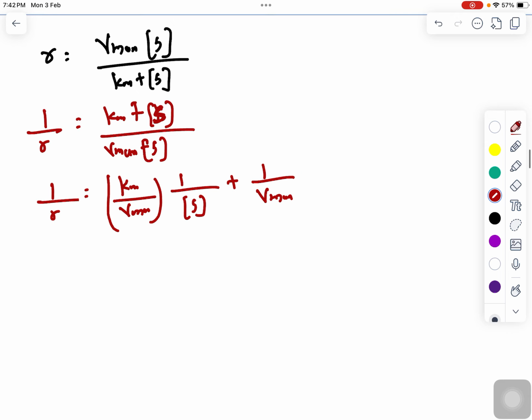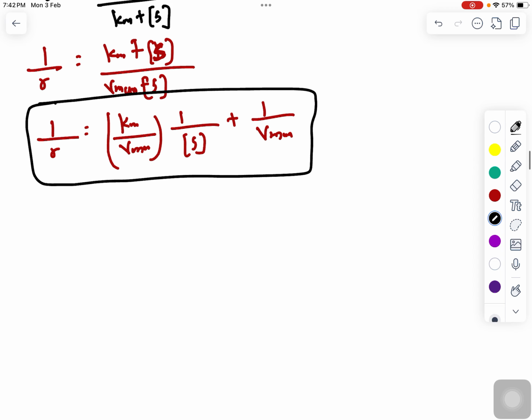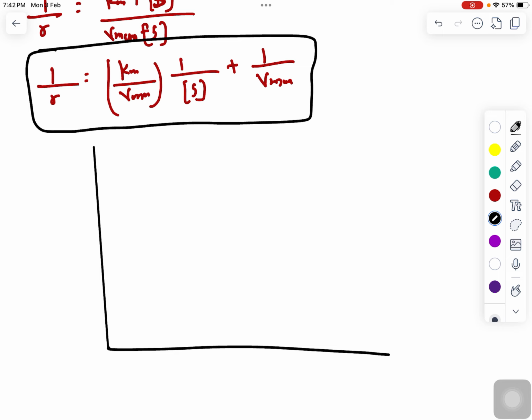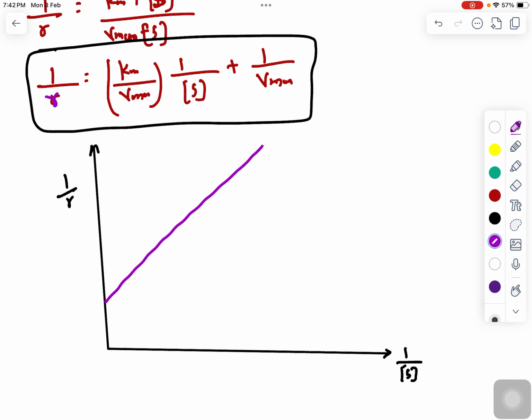Here you can see that this is just a linear equation. If I want to plot this equation, 1 upon R versus 1 upon substrate concentration, you can see this equation looks like y equals mx plus c. So this will go something like that.